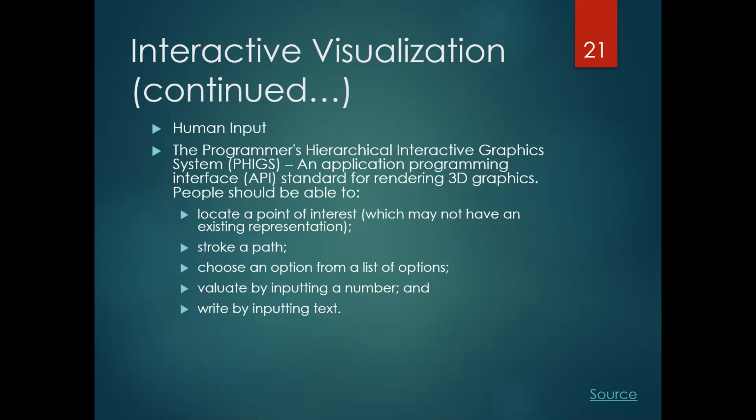at least users should be able to firstly locate a point of interest, or you can say a destination, and stroke a path. In other words, a way to get to the destination. And third, choose an option from a list of options. There could be multiple methods to get to the destination.